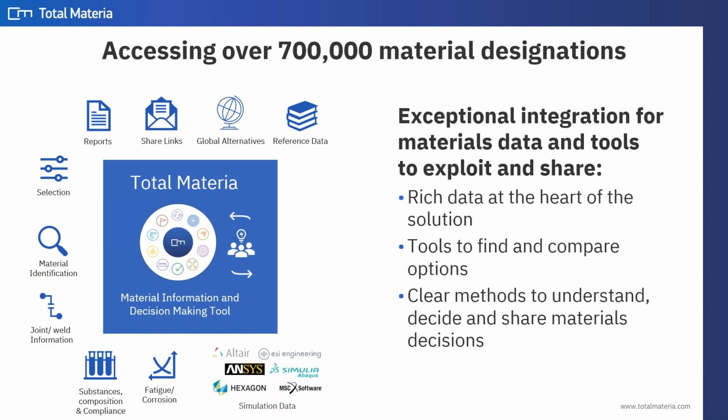Very rich data, including substances, compositions, compliance, fatigue and corrosion data, joint and welding information. Even for polymer materials, you can find some additives in material identification, and advanced search will give you a chance to go through mechanical physical properties to find the right material, or you're just searching one specific material and comparing and finding the alternative, cross-referencing a lot of data, and you can just put it into your workflow.